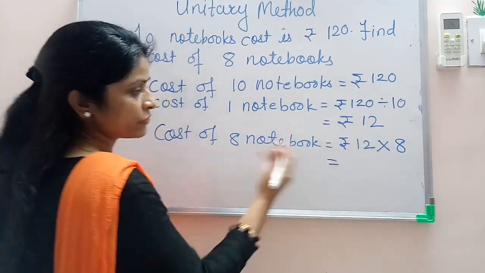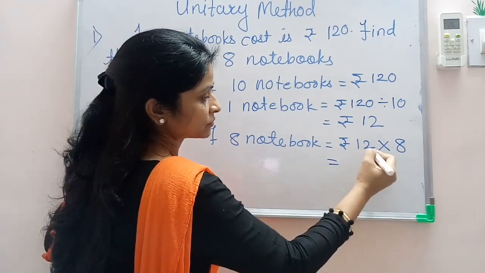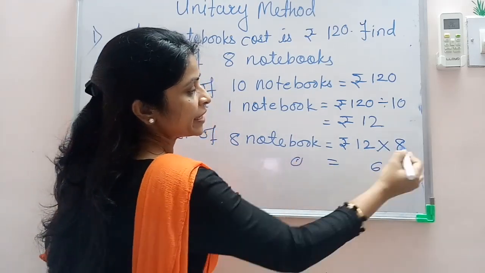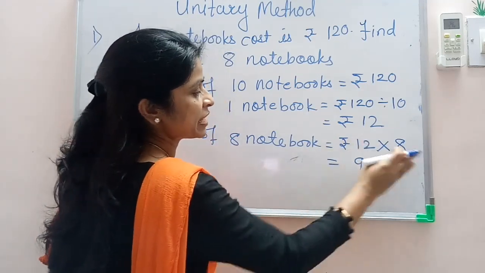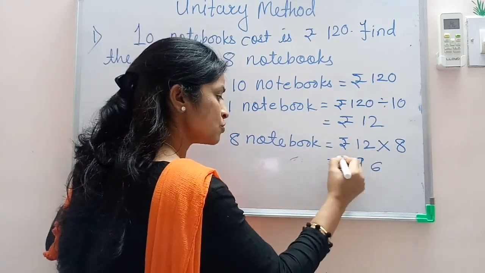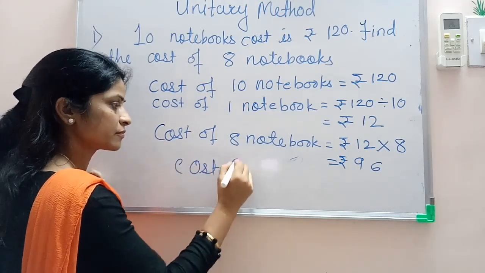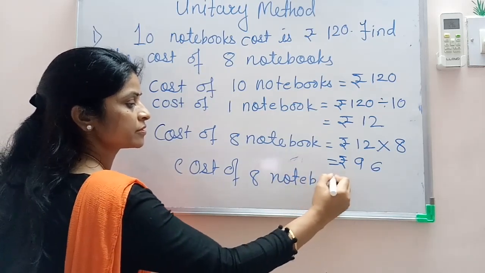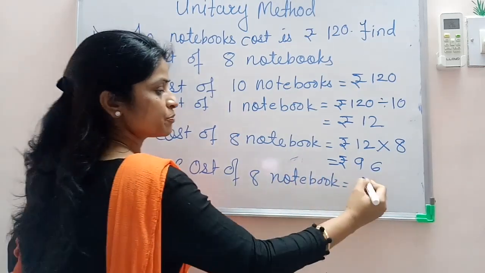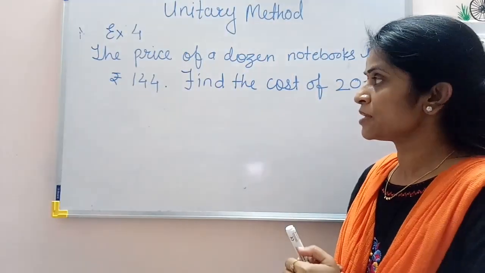Now what will be the multiplication? 8 twos are 16, 1 carry, 8 ones are 8 plus 1 is 9, that is 12, 8s are 96. So the cost of 8 notebook is rupees 96.